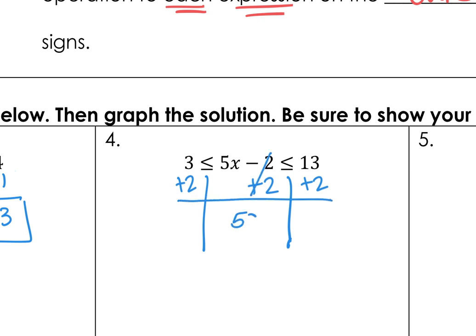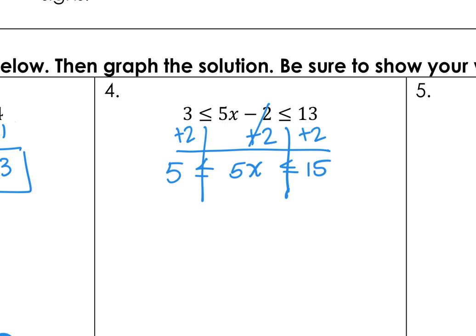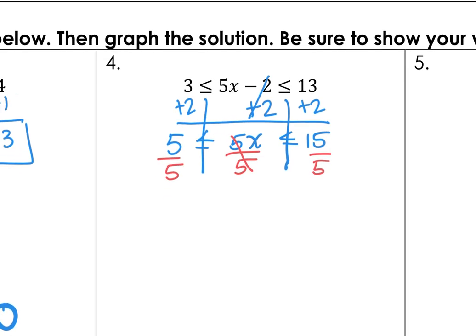So that now in the middle, I just have my 5x. Bring down my signs. I can combine the like terms on these ends. So 3 plus 2 is 5, and 13 plus 2 is 15. Then all I got to do to get x in the middle by itself is divide by 5, which means x is going to be in between. 5 divided by 5 is 1, and 15 divided by 5 is 3.